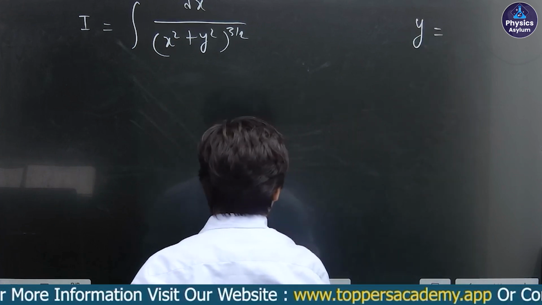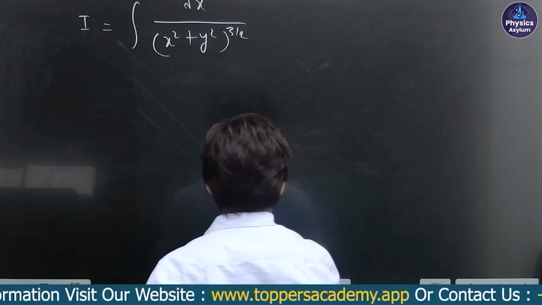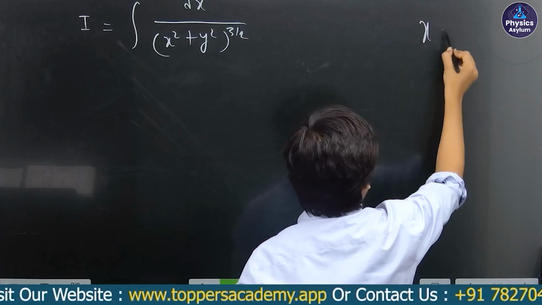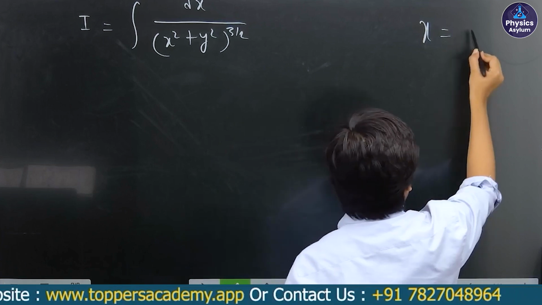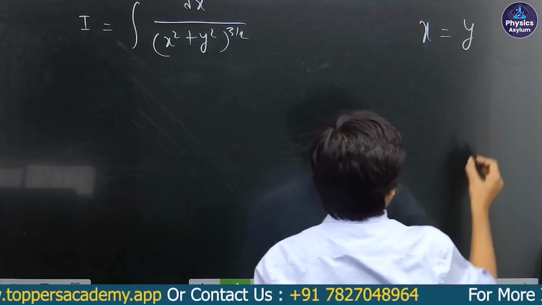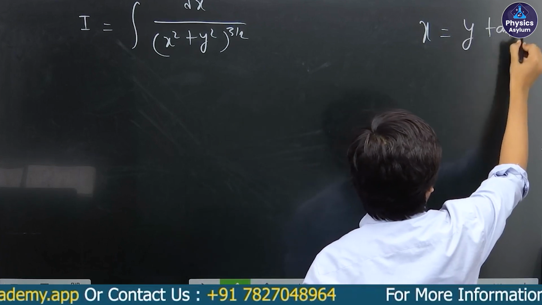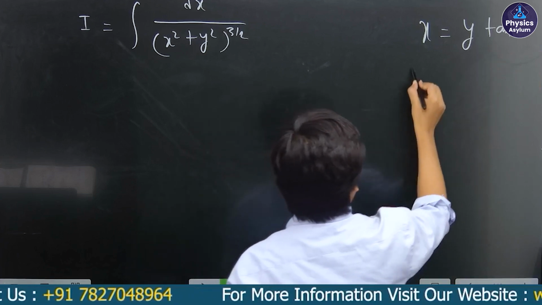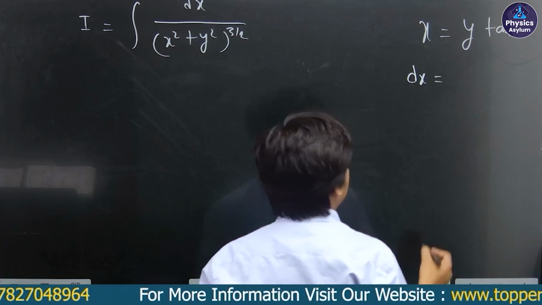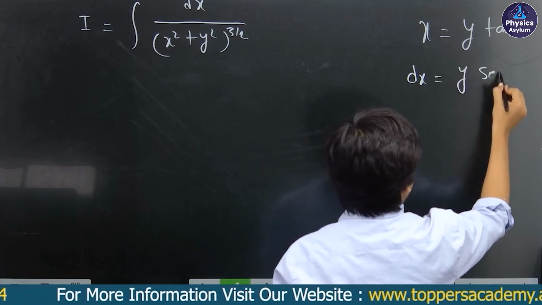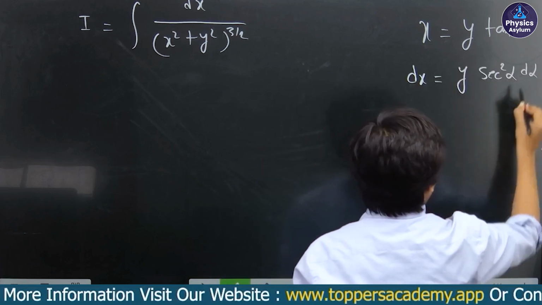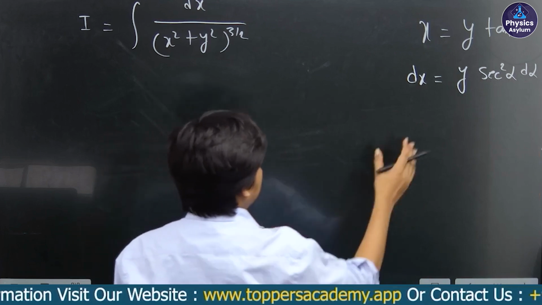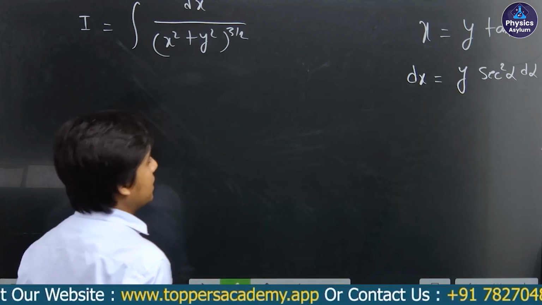Because x is a variable here, I can take a new variable in place of x. I assume x is equal to y tan alpha, in terms of a new variable alpha. So I can write dx as y sec squared alpha d alpha.